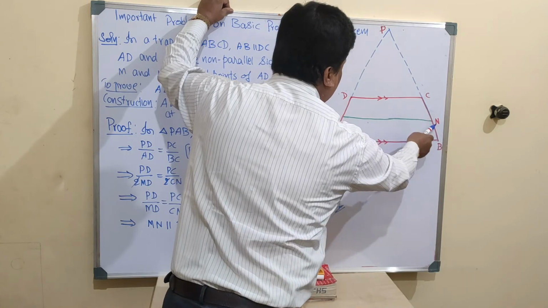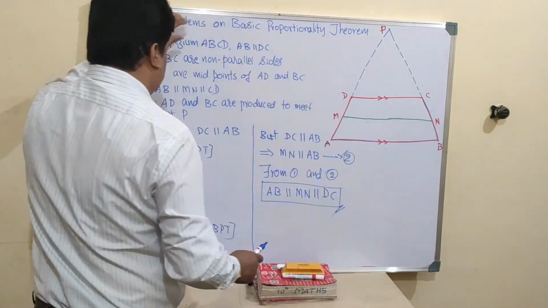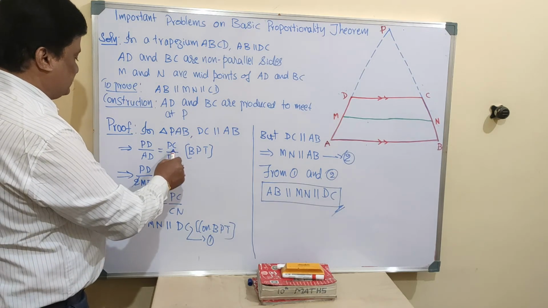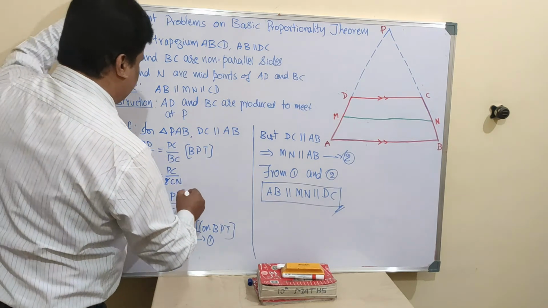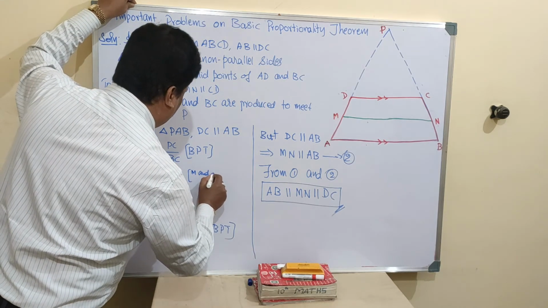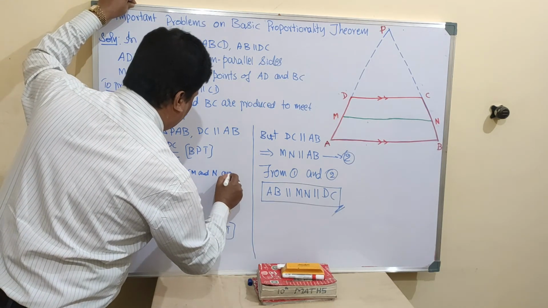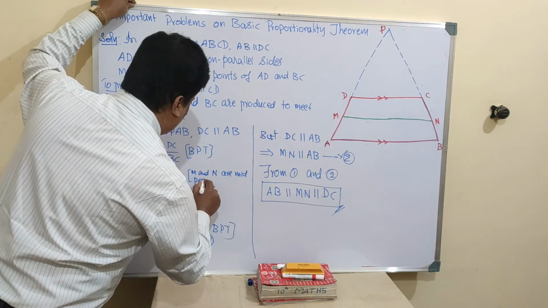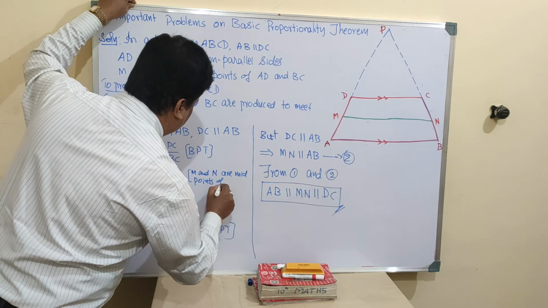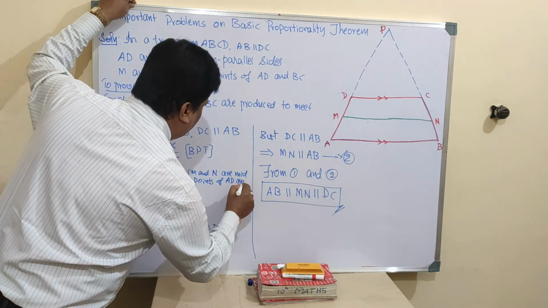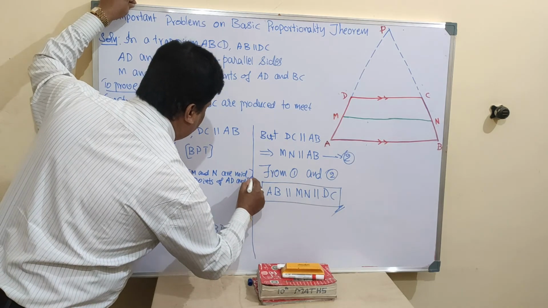Similarly, for BC we can write 2 times NC, since M and N are midpoints of AD and BC.